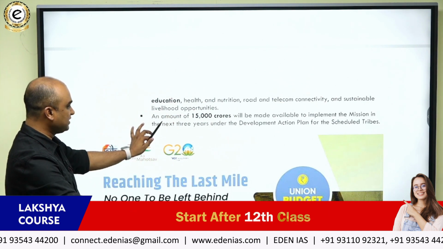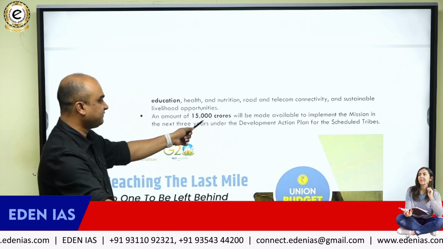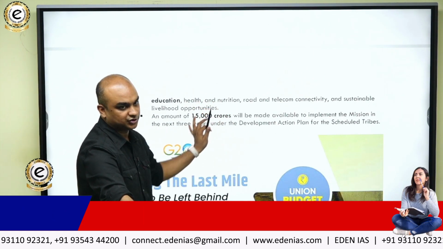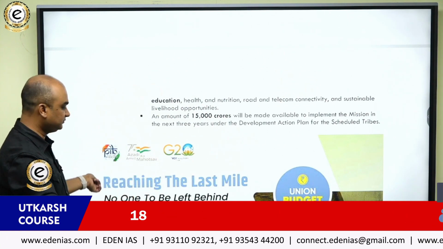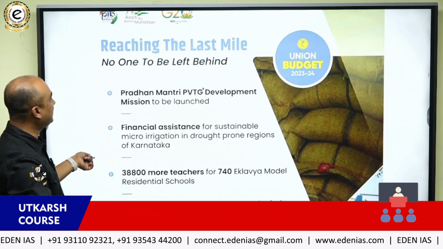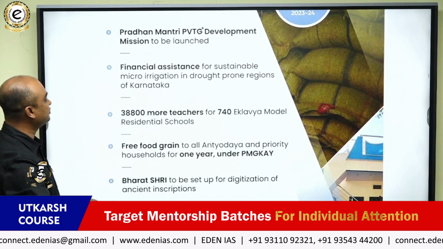An amount of 15,000 crores will be made available to implement the mission in the next 3 years under the Development Action Plan for Scheduled Tribes, right? So this is also a big move. Reaching the last mile, no one to be left behind. Pradhan Mantri PVTG development mission to be launched.